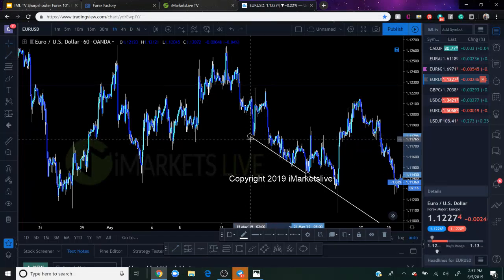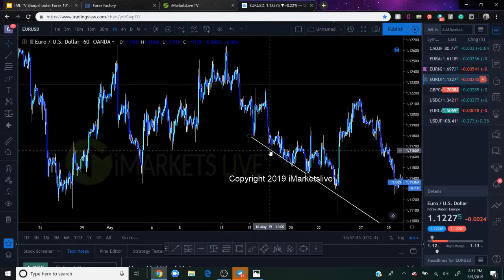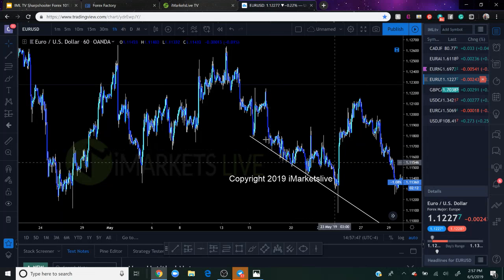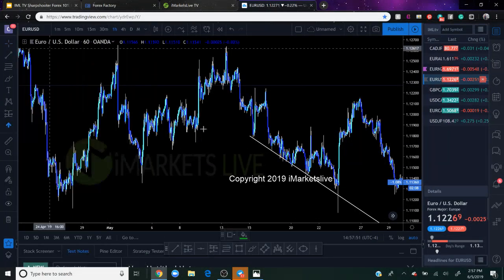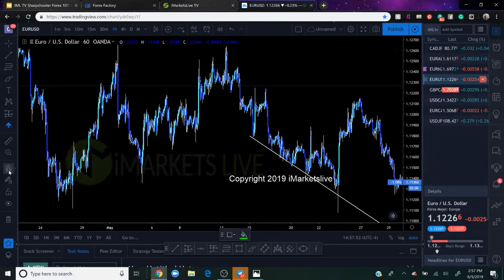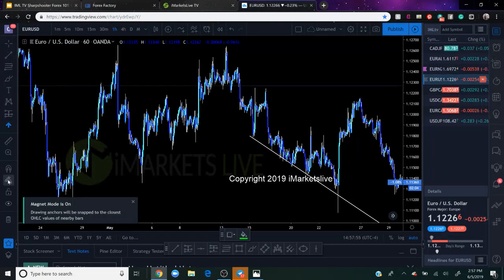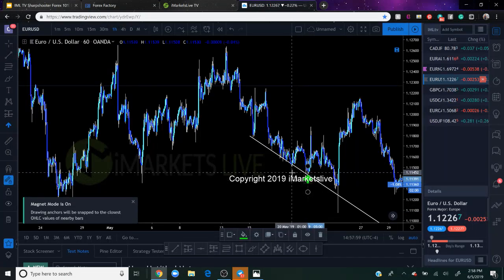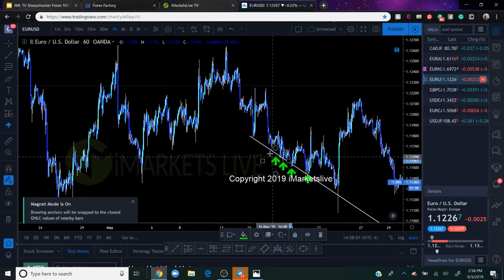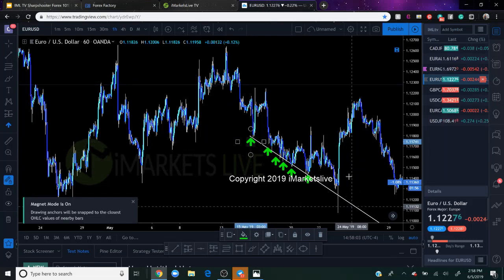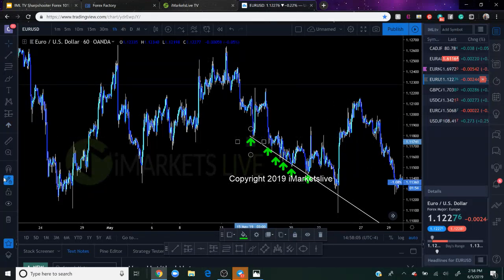I'll explain to you guys why I'm choosing these in a second. But you guys see how I have this right here? We'll grab some of these arrows. That's because I have touches here, here, here, here, here, and here. So those are all touches that I have on this one.